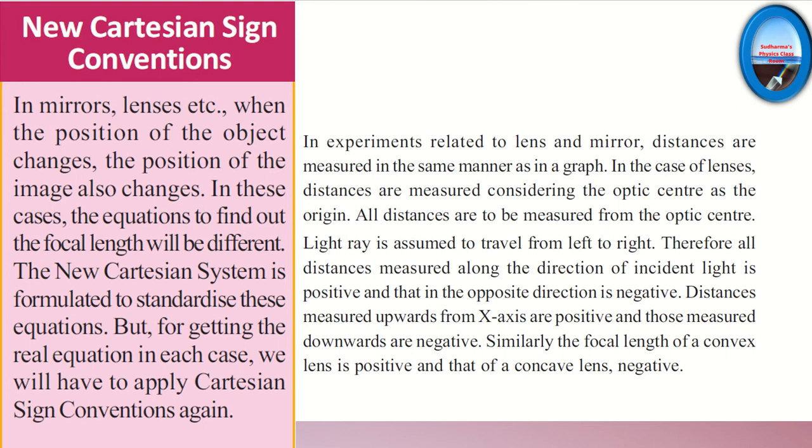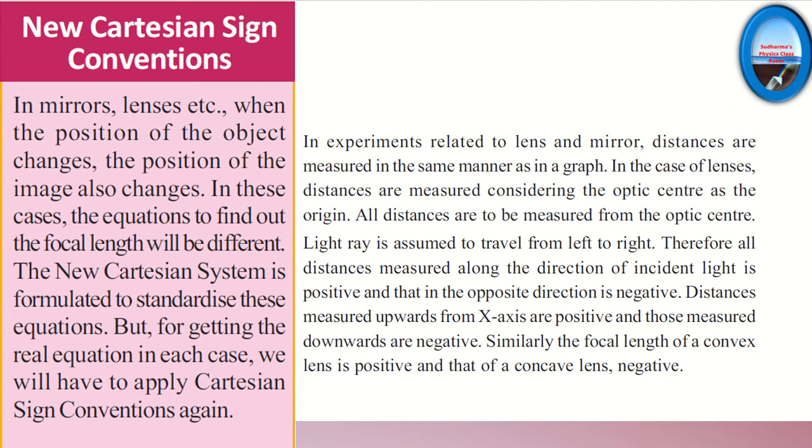During the discussion of the ray diagrams, we have seen whether the image formed is real, virtual, magnified or diminished, right? So when we use the lens formula to find out the focal length, object distance, image distance, all those parameters, we are expected to apply the sign conventions.